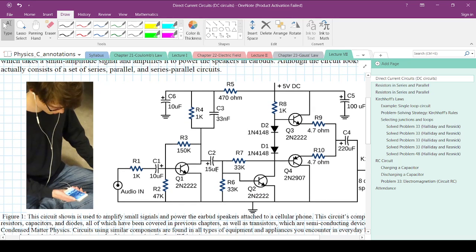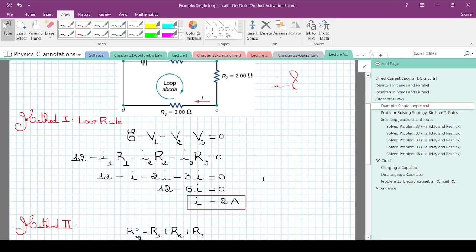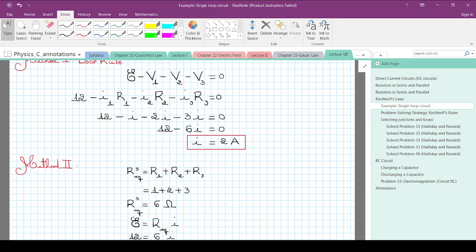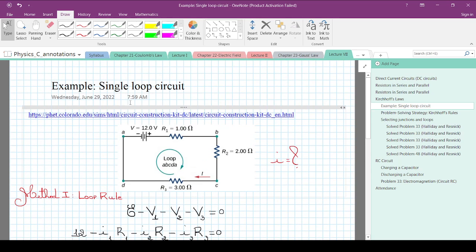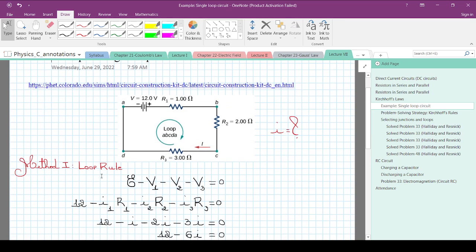Some with different natures, so it's not going to be so easy to solve. So that's why you need different techniques to solve. Just to finish this part, this is one example for a single loop circuit of how to use the loop rule to solve it.